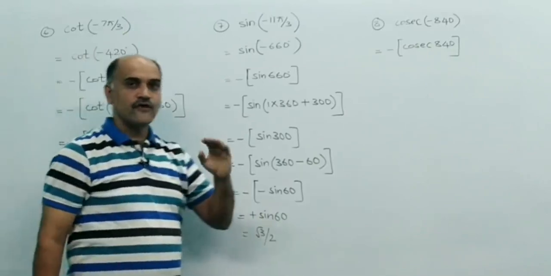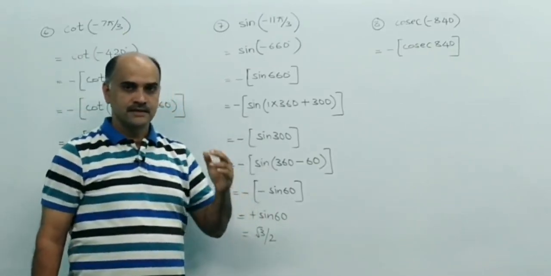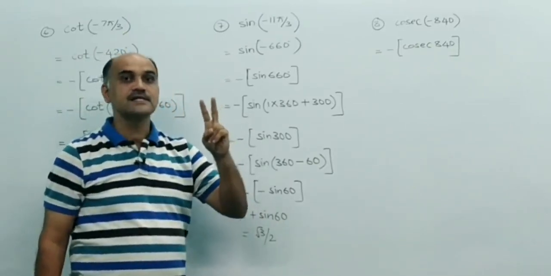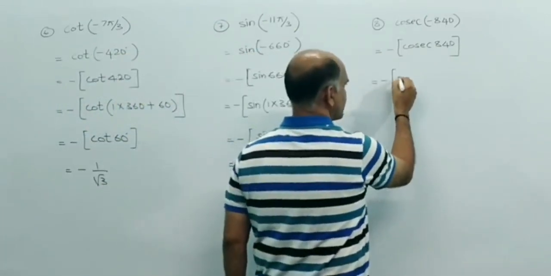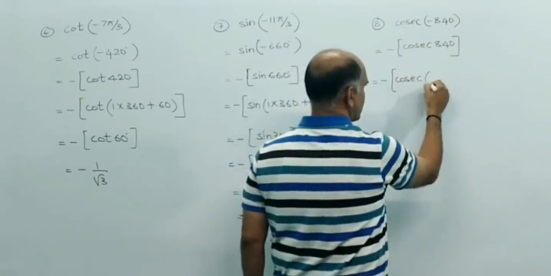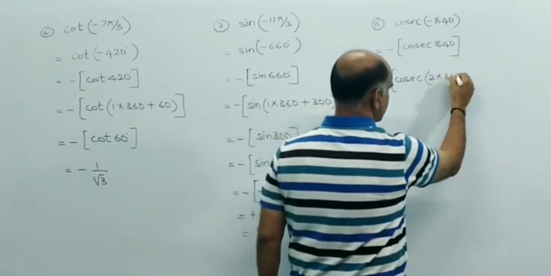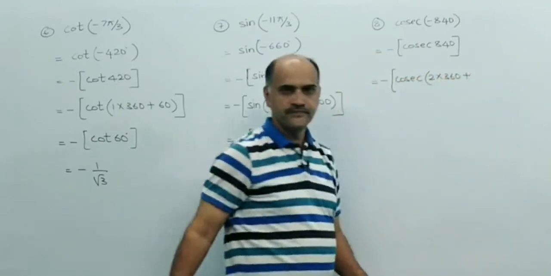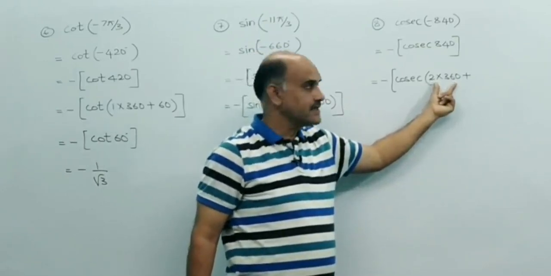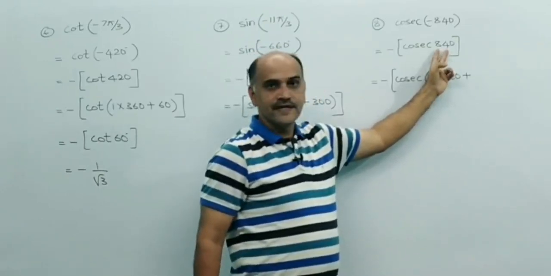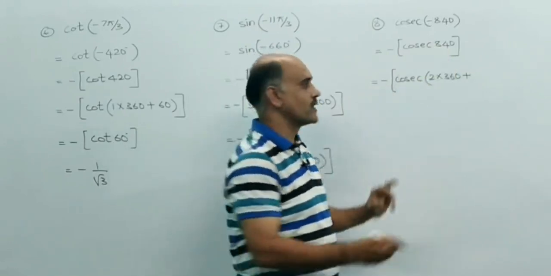Now you check, 840 is greater than 720. So I will write it as minus cosec of 2 into 360 plus. 2 into 360 is 720. If you subtract 720 from this, you will have 120.